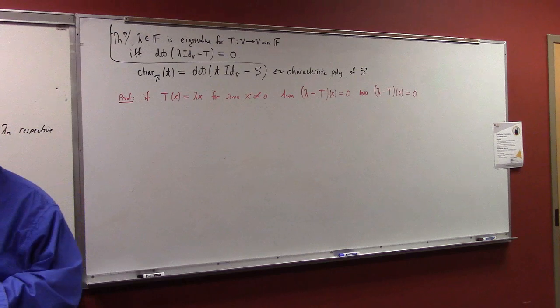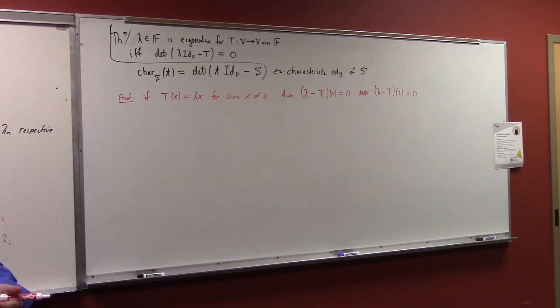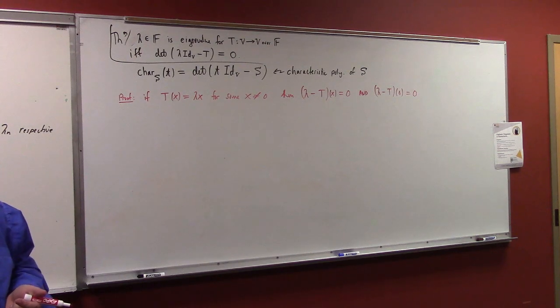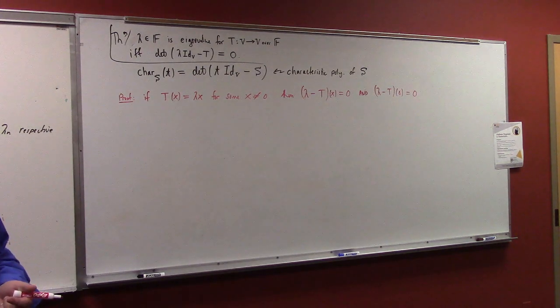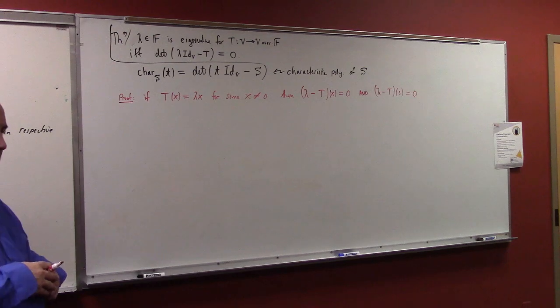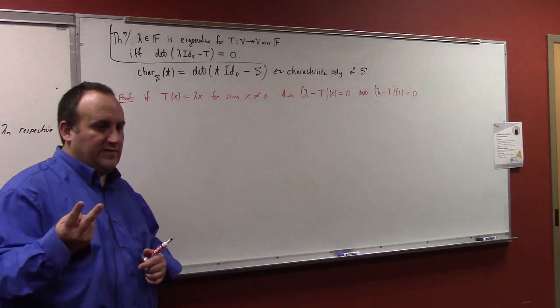Therefore what? X is non-zero. That's a solution to that homogeneous equation, right? But it also is a homogeneous equation, so it has a 0 solution. Uh-oh. There are 2 solutions to the homogeneous equation.